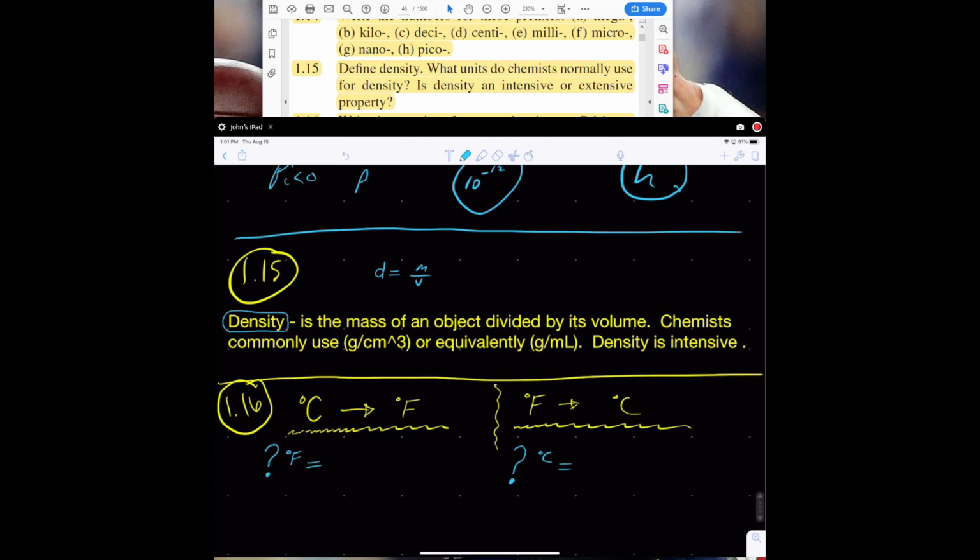So, if we were given a problem where it asks us to calculate the mass or the volume, and the question is giving the density of the substance in question, we can rearrange this formula here so that we can come up with the answer.